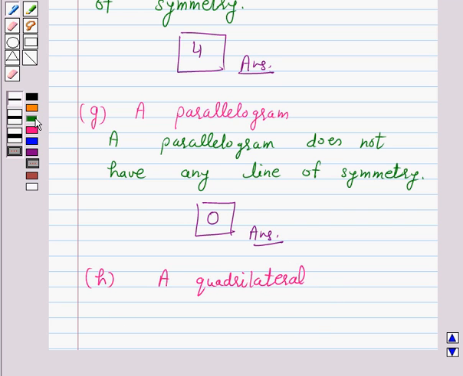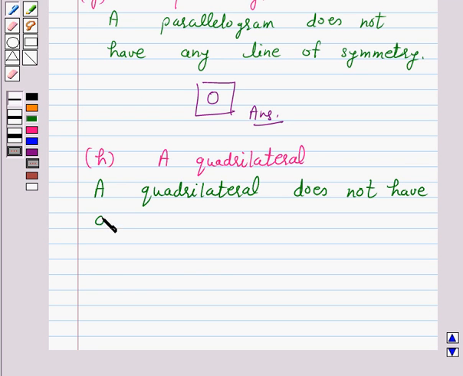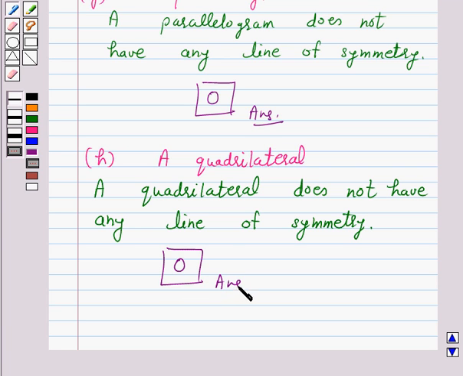Hence, a quadrilateral does not have any line of symmetry. So the number of lines of symmetry for a quadrilateral is 0. So this is the answer for part H.